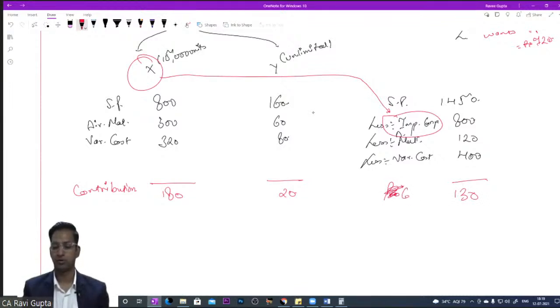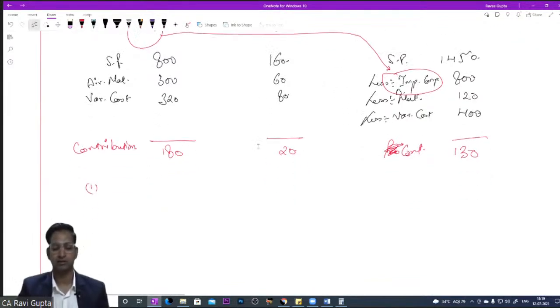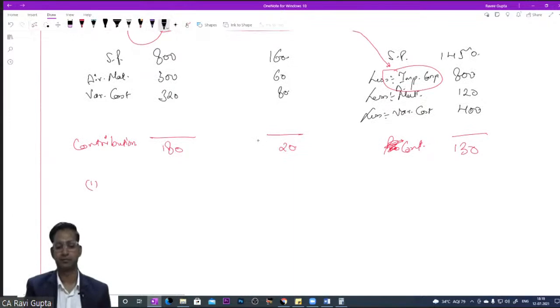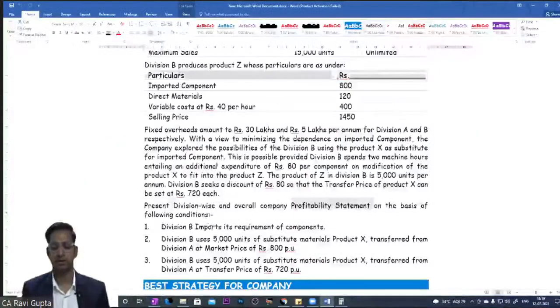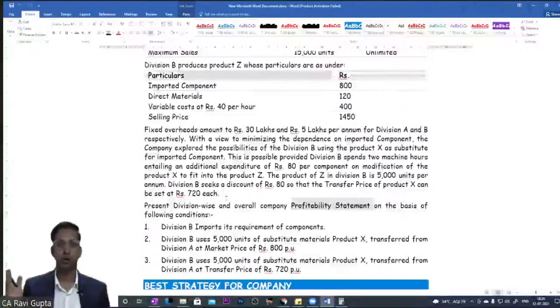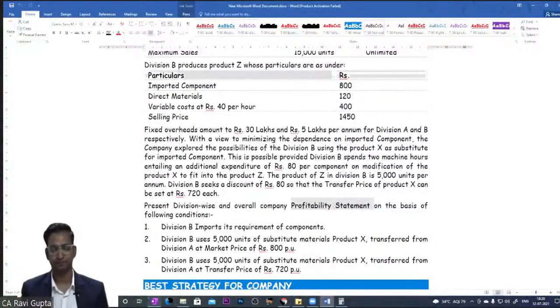Okay. Now the first requirement, what is it saying? We need to prepare division-wise, that is division A and division B, and overall profitability statement as well.